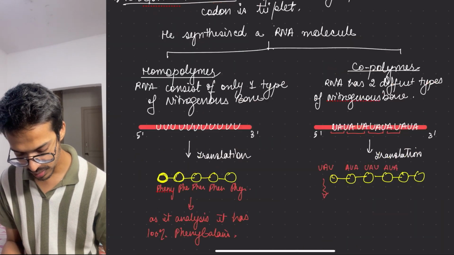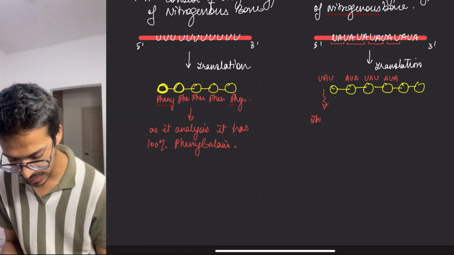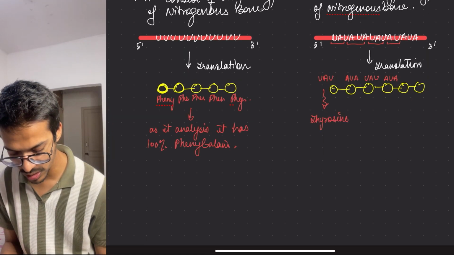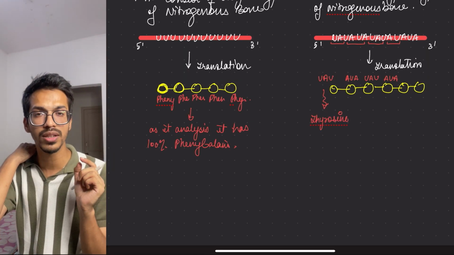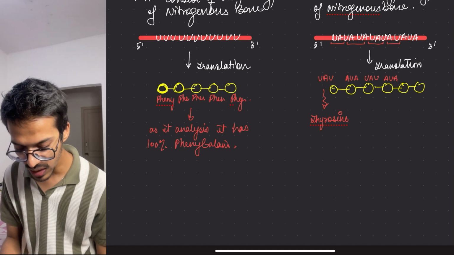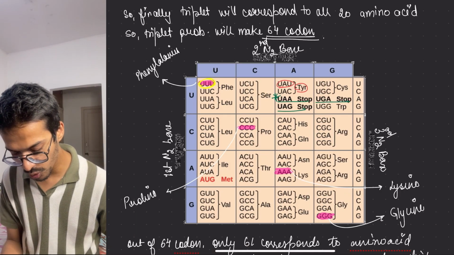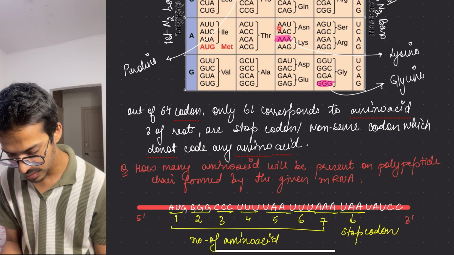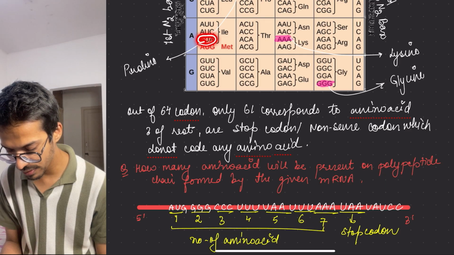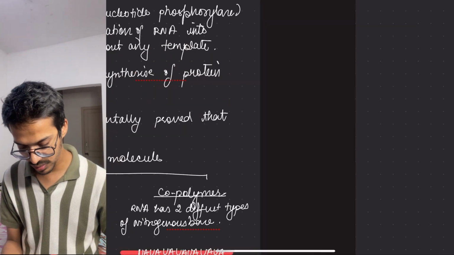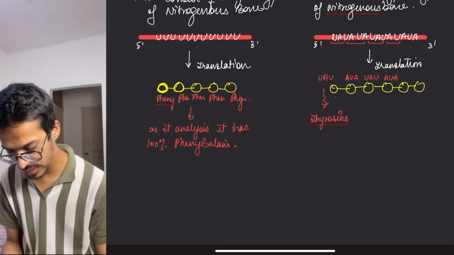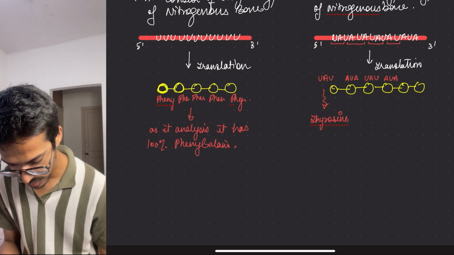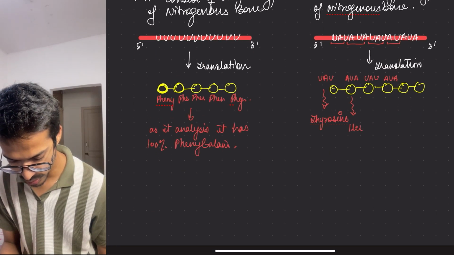So tyrosine is being formed first, and AUA will form isoleucine. This is isoleucine.